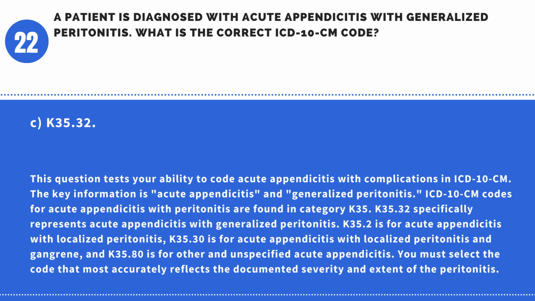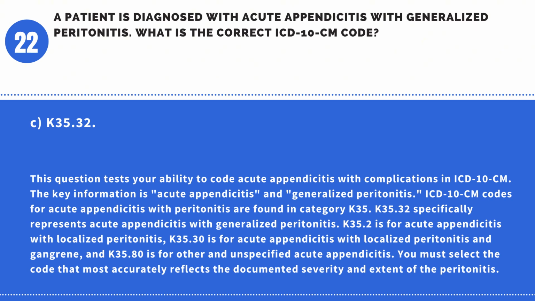K35.32. This question tests your ability to code acute appendicitis with complications in ICD-10-CM. The key information is acute appendicitis and generalized peritonitis. ICD-10-CM codes for acute appendicitis with peritonitis are found in category K35. K35.32 specifically represents acute appendicitis with generalized peritonitis.